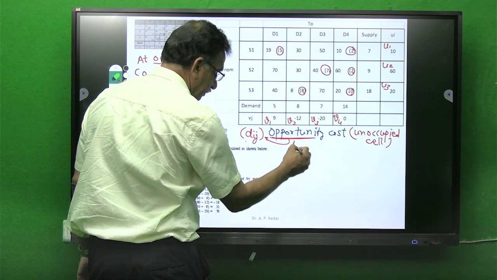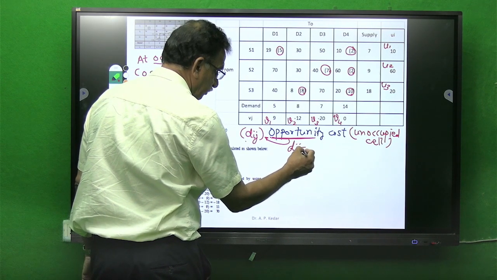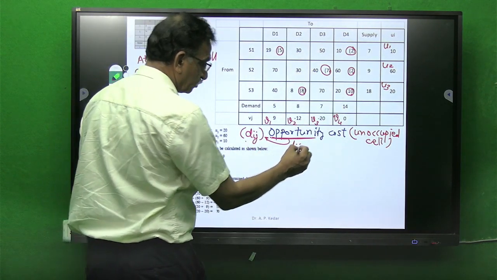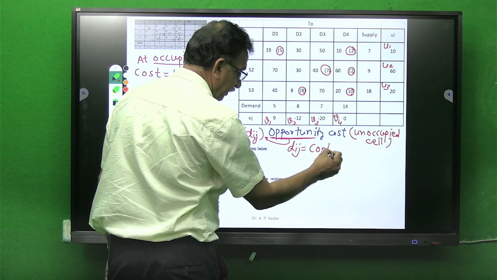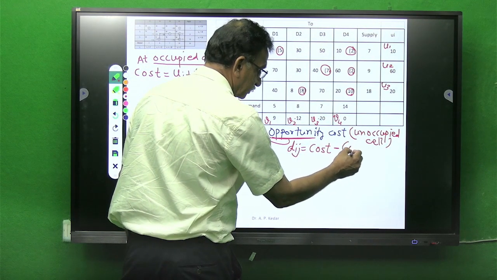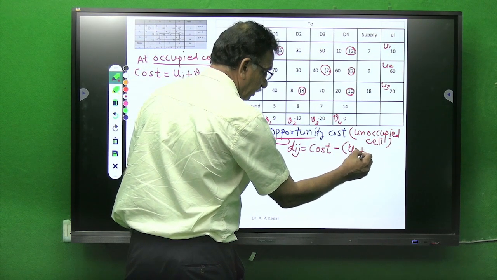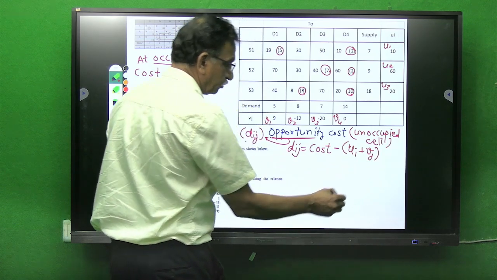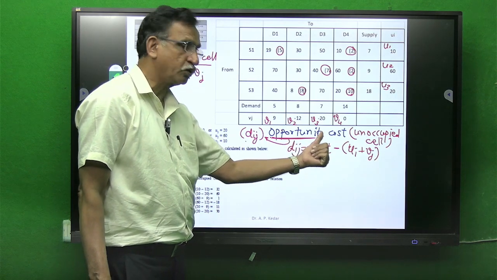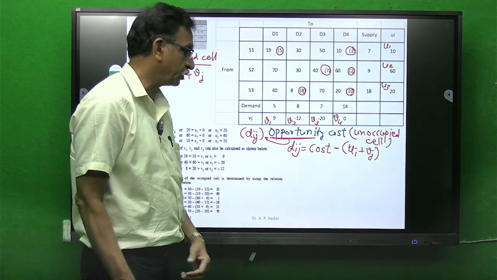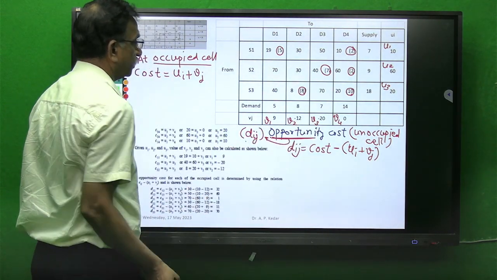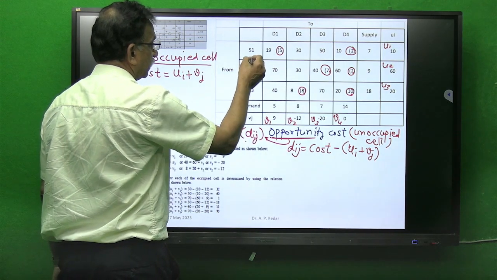I will first write the generalized formula. Dij for an unoccupied cell is equal to the cost at the unoccupied cell minus the corresponding ui plus vj. Now you will come to know how we will be calculating opportunity cost by using this relation. First we will write all these opportunity costs as different D's.